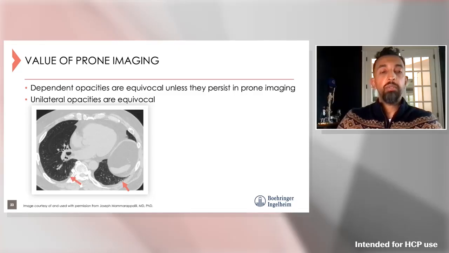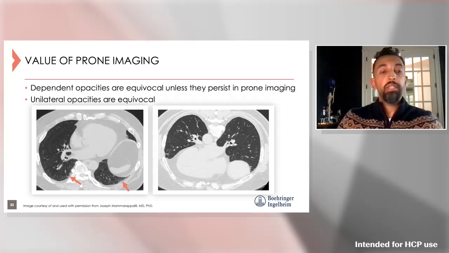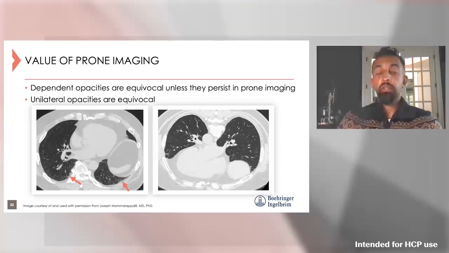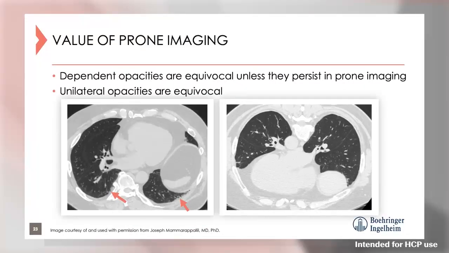Now, this patient was imaged at our medical center, had prone imaging performed because there was a question, does this actually represent interstitial lung abnormalities? And if you look at the prone imaging, you can see that these areas that we were concerned about that could have represented interstitial lung abnormality have completely resolved.